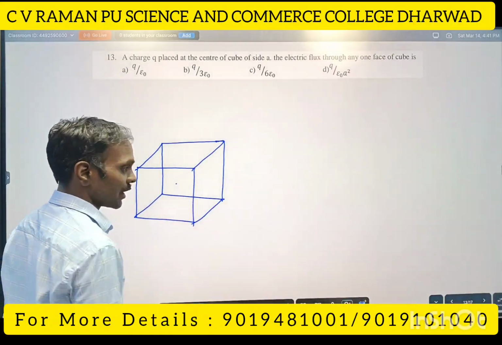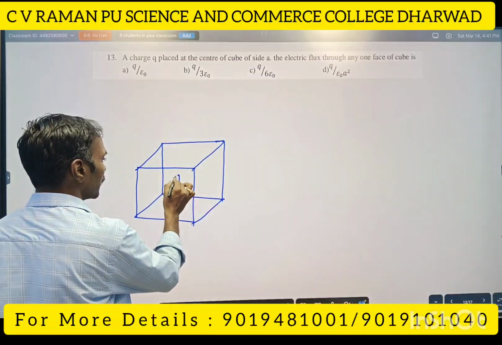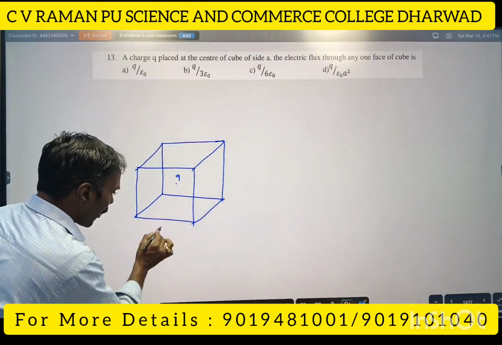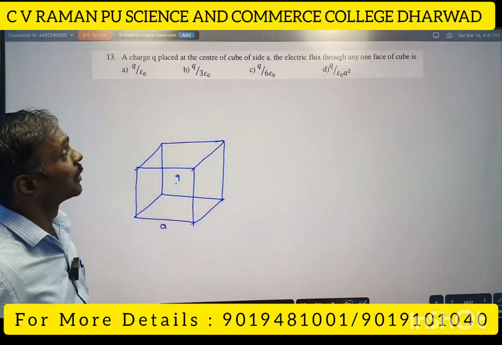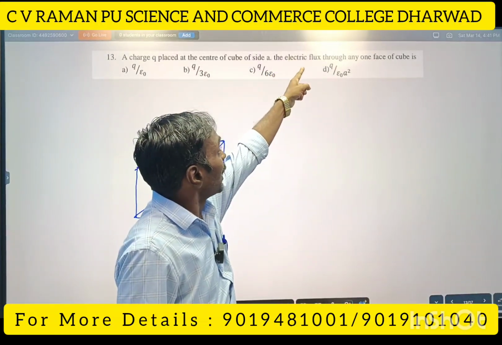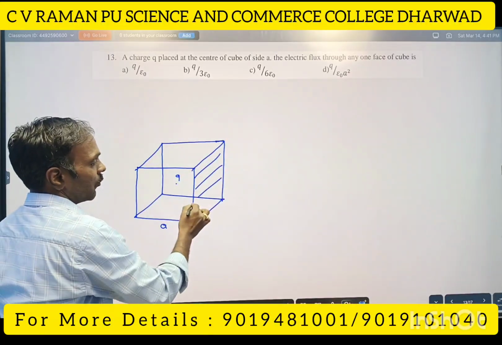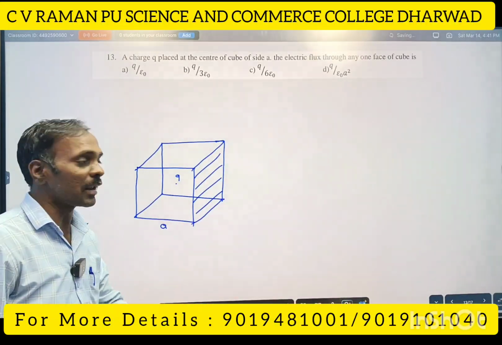Charge Q is placed at the center of the cube of side A. The electric flux through any one face is what we have to calculate.